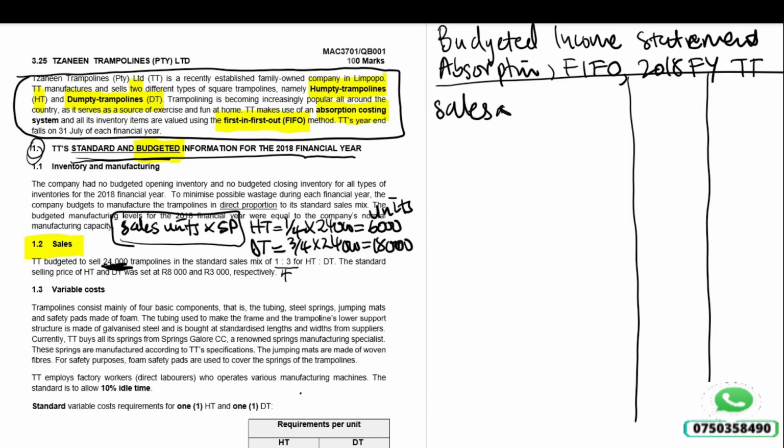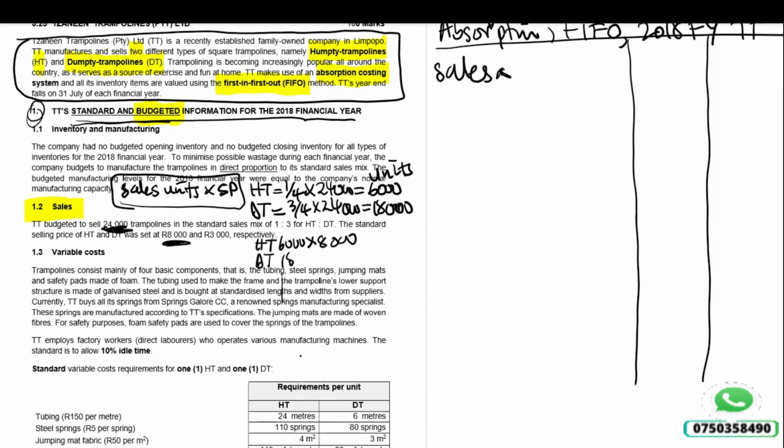For HT, the sales revenue is going to be 6,000 multiplied by the selling price of 8,000. And for DT it is 18,000 multiplied by the selling price of 3,000.